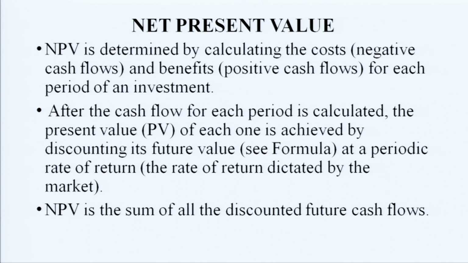After the cash flow for each period is calculated, the present value (PV) of each one is achieved by discounting its future value at a periodic rate of return, the rate of return dictated by the market. NPV is the sum of all the discounted future cash flow.